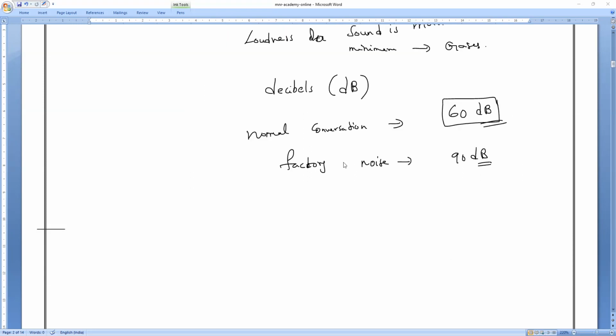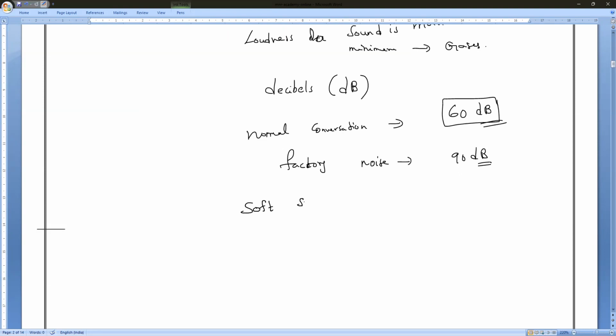Hearing problems will come. So that is what you have to remember. And the softest sound which the human ear can hear is about 20 decibels.